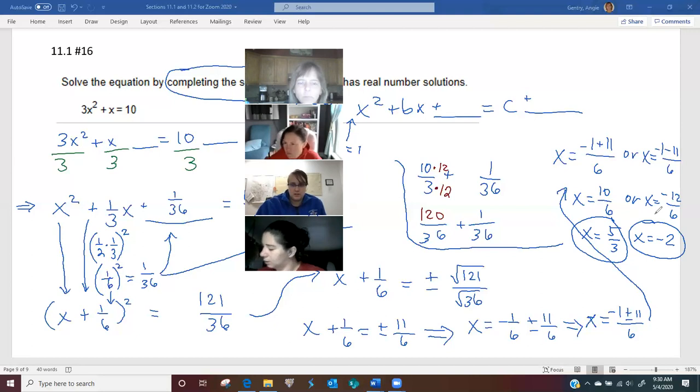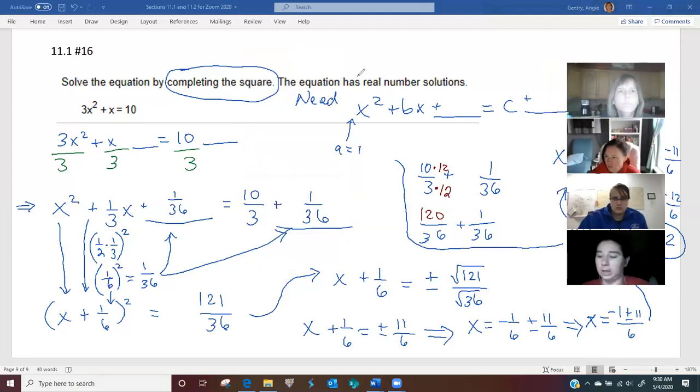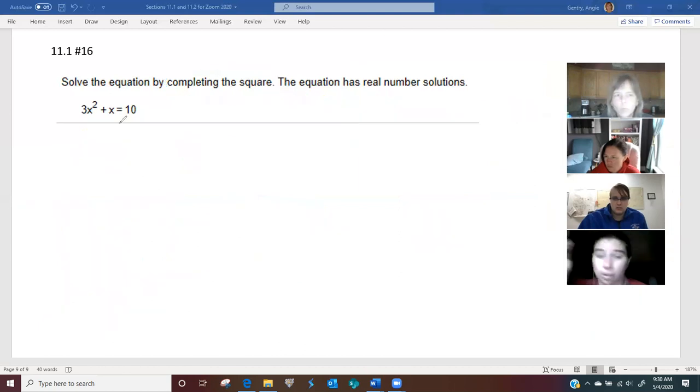I have another one that I did not get right, and on two of them, no matter what I did, looking back at it, I worked it out like you are showing, but I did not get the correct answer. Okay, so I'm going to work that one super fast.